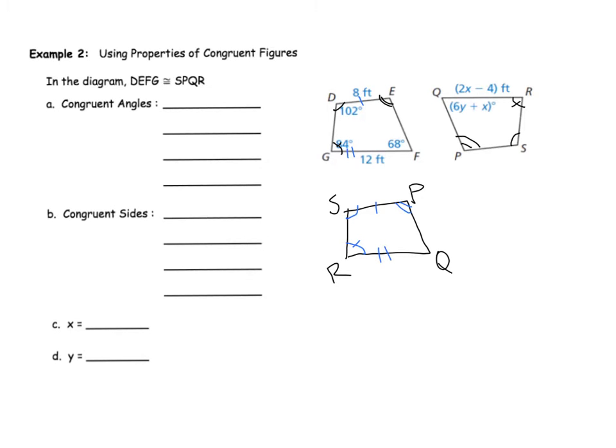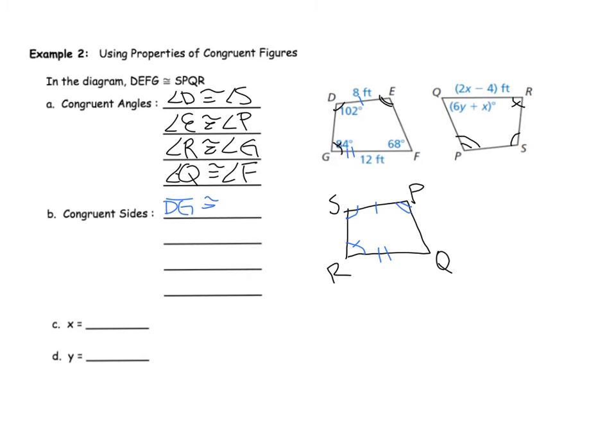Okay, so my congruent angles are angle D is congruent to angle S. Angle E is congruent to angle P. Angle R is congruent to angle G. And angle Q is congruent to angle F. Now for the congruent sides.